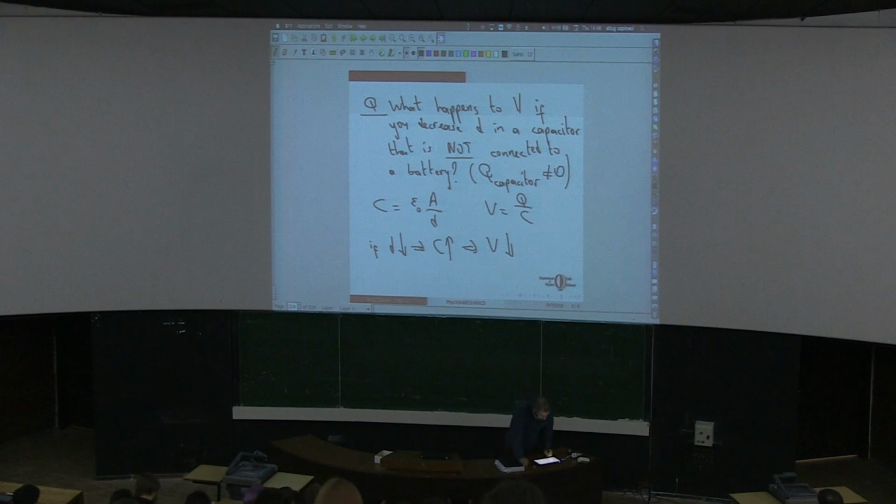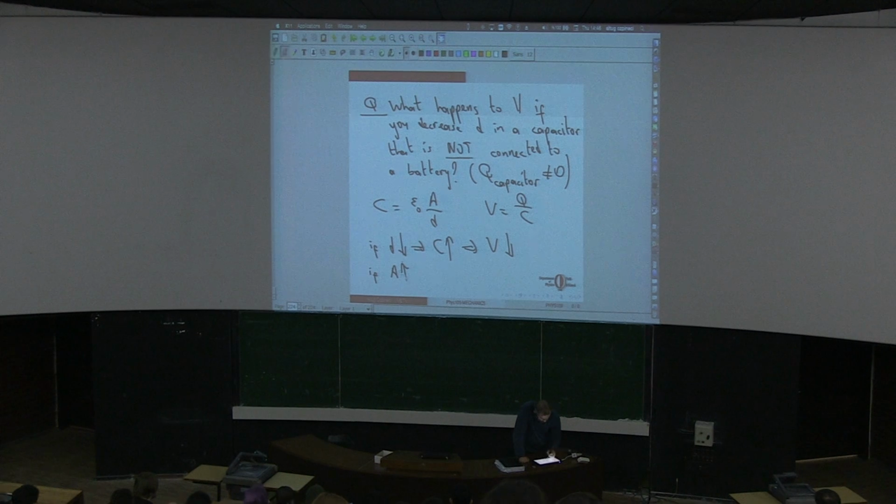Well, you can do a similar thing for area. If area is increasing, you can just use the analogy with the parallel plate capacitor. If you are increasing the area, the charge will be distributed over a larger area. If the charge is distributed over a larger area, the electric field is reduced, so the potential should be reduced.